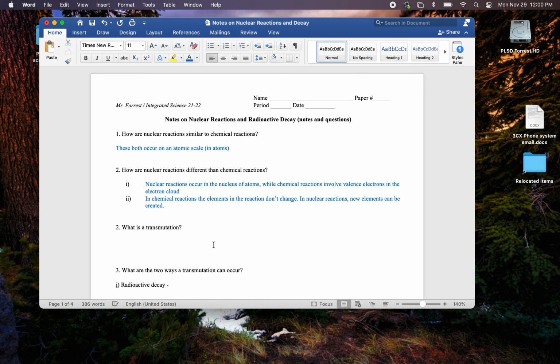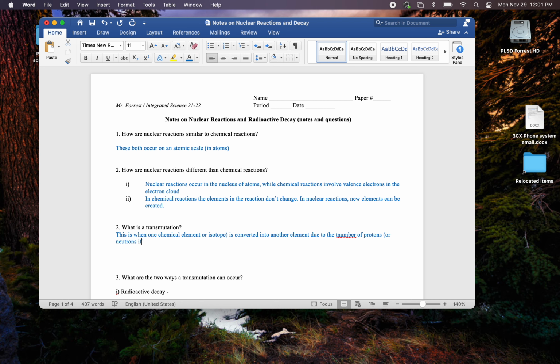A transmutation is basically when one chemical element or isotope is converted to another element due to the number of protons or neutrons, if it's an isotope, being changed.